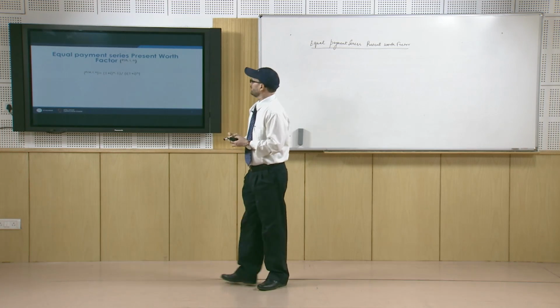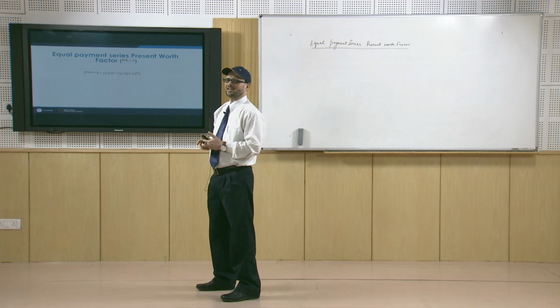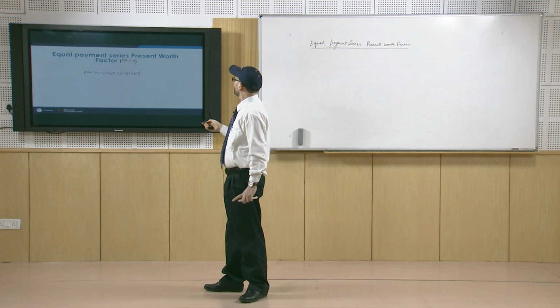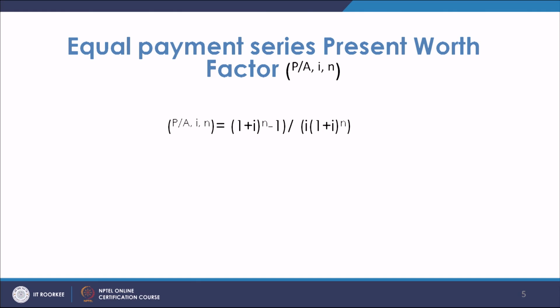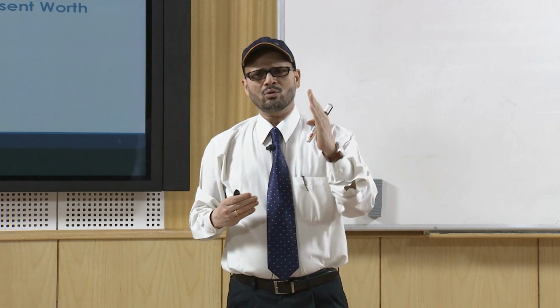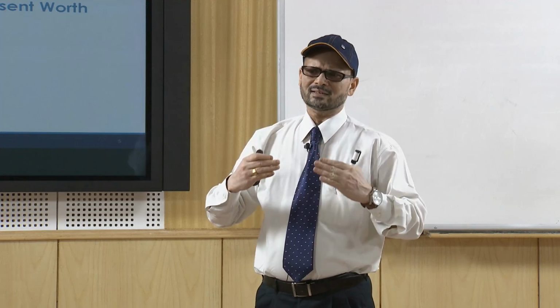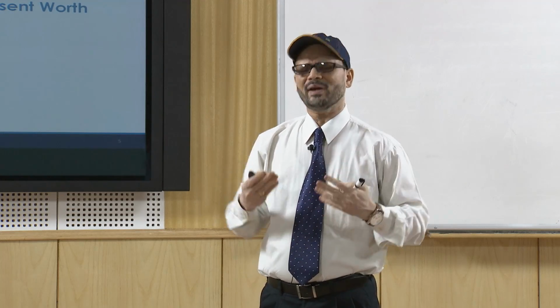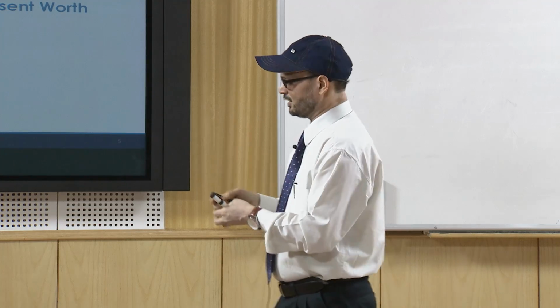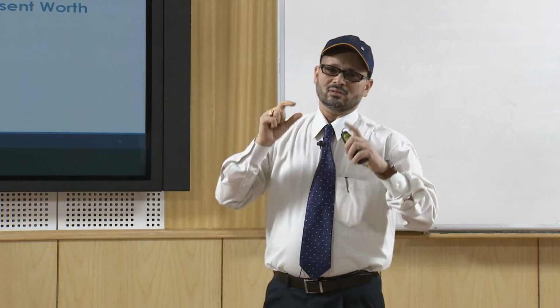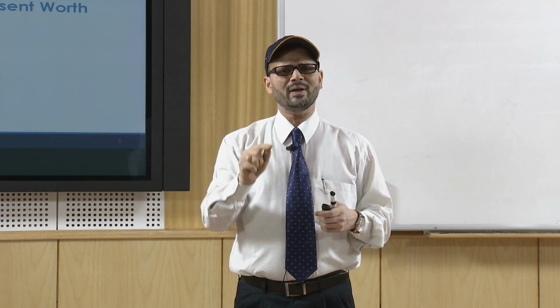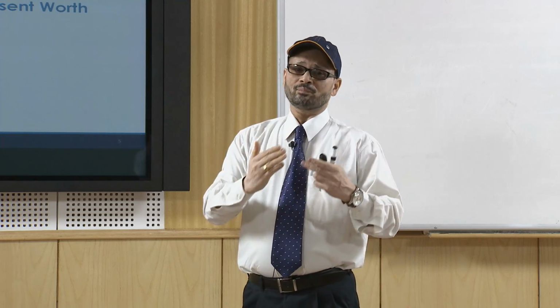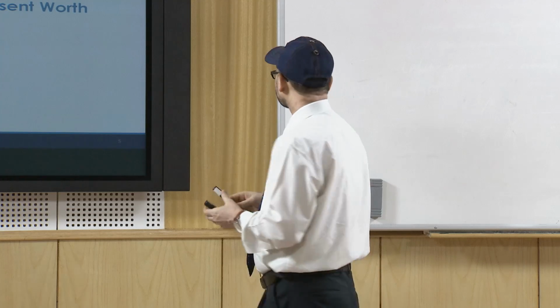Now, in this case basically you try to find the present worth and you know A. So, what investment should you do now, so that you get a known value of equal year end payment for the n years, and the factor which will be multiplied with that known quantity of equal year end payment will give you the present investment cost.